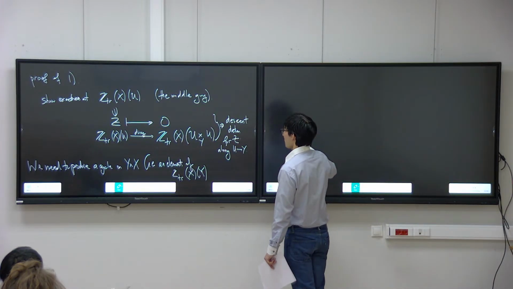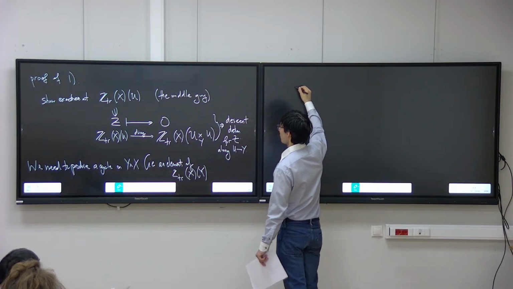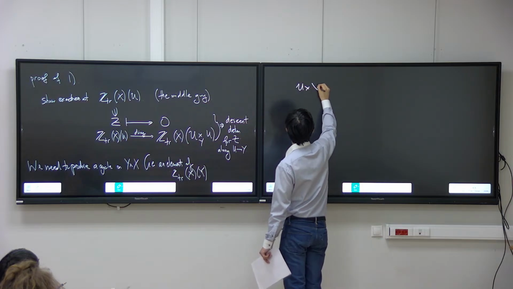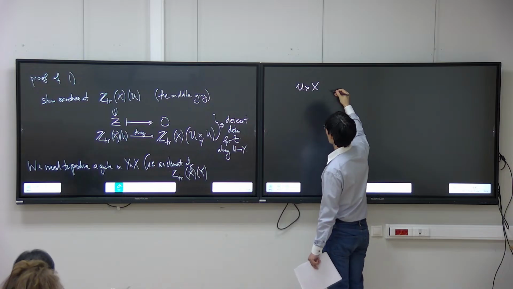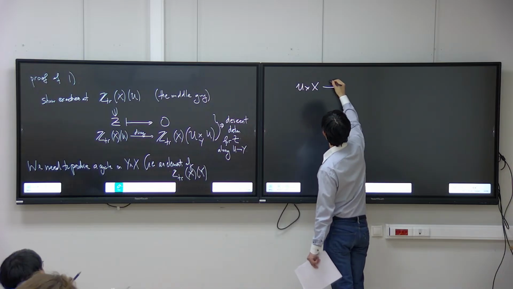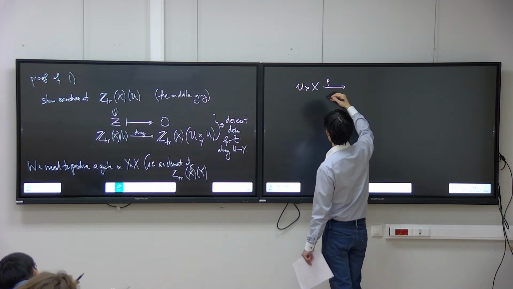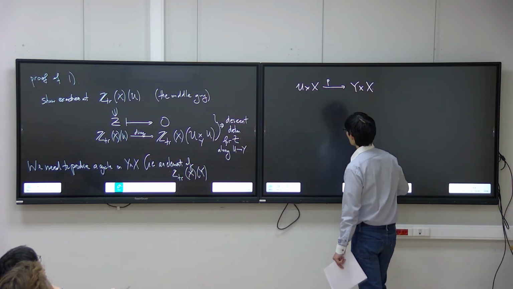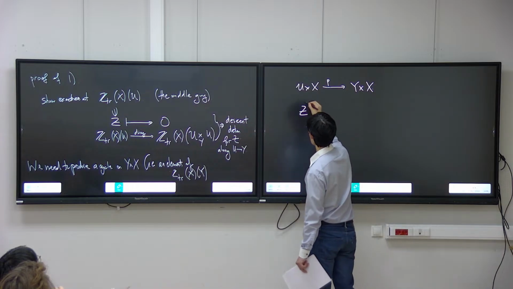We have our cycle on u times x, and we have a map induced via our covering to y times x.